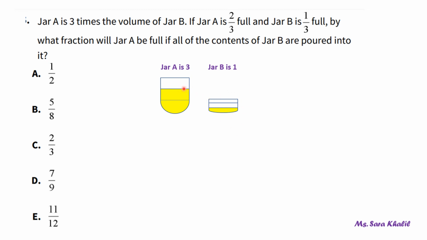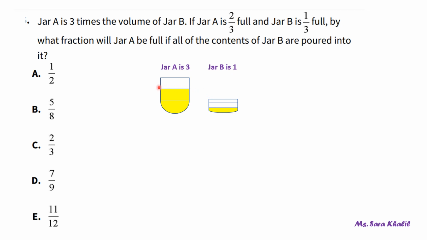All of it is equal to one of those, because this is 3 and this is only 1. Now, jar A is full, only 2/3 of it is full. 2 of the 3 pieces is full. And jar B, 1 of the 3, if I divide it into 3 equal parts, 1 of 3 is full.